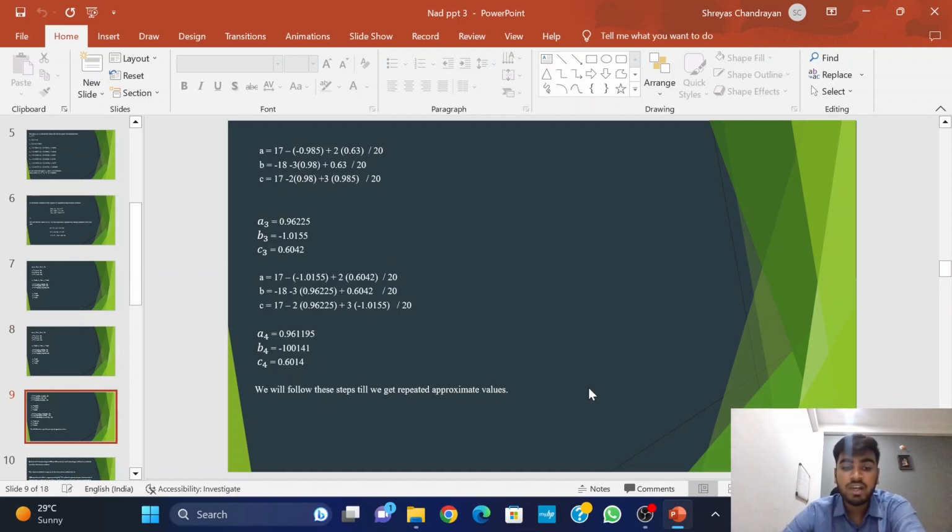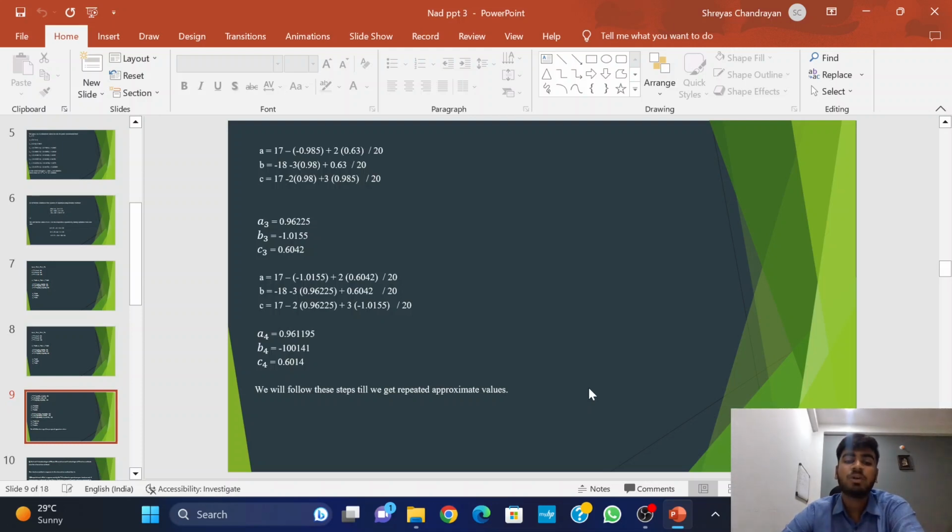So now a is equal to (17 minus 0.985 plus 2 into 0.63) by 20, b is equal to (minus 18 minus 3 into 0.98 plus 0.63) by 20, c is equal to (17 minus 2 into 0.98 plus 3 into 0.985) by 20.